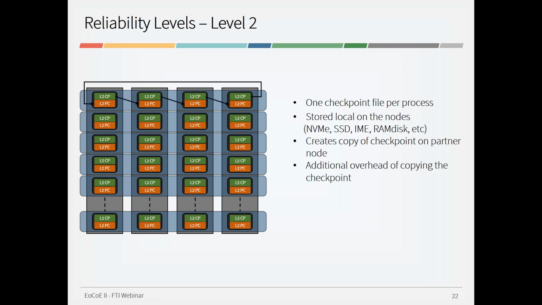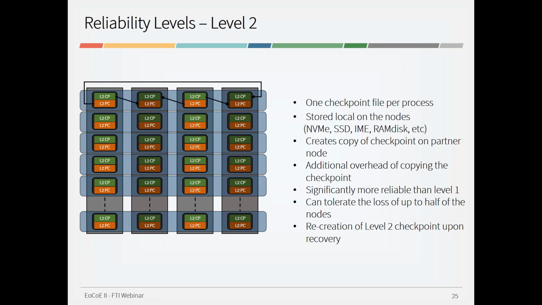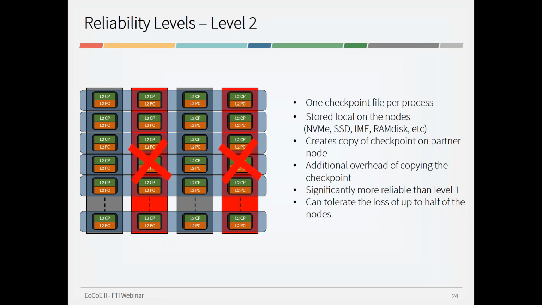Level 2 is a bit better there. Since we have doubled the data, we can theoretically lose half of it. So we could basically lose half of the nodes and would still be able to recover. However, when we lose two consecutive nodes, then this would not be possible anymore.